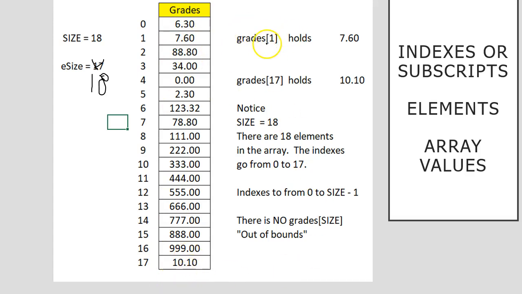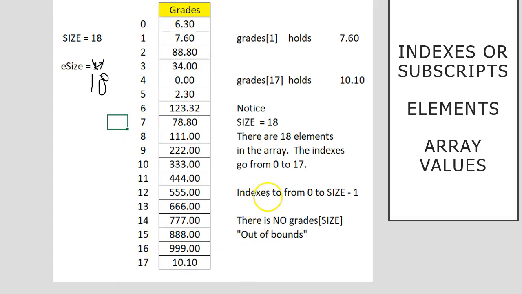At array sub 1, the value 7.6 exists. At grades sub 17, there's a 10.10. Notice the size equals 18, so there are 18 elements, but the indexes don't go from 1 to 18, they go from 0 to 17.